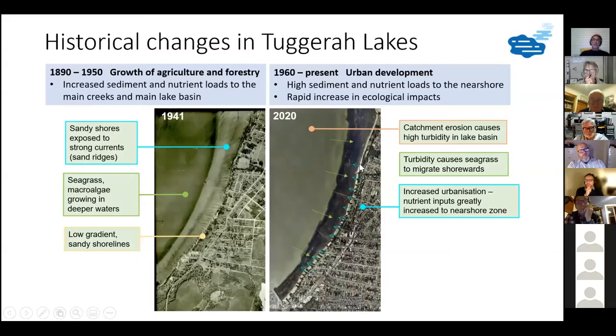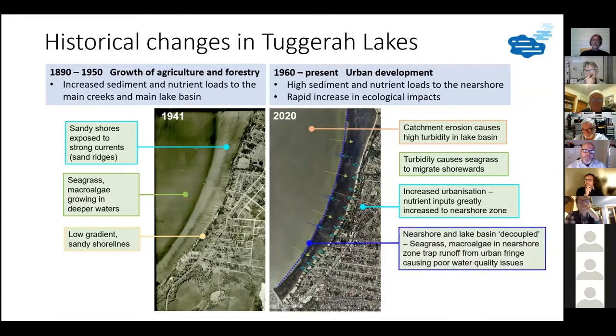And one of the features is that virtually every street has a stormwater drain discharging into the nearshore zone. Every small rainfall event runs off and discharges nutrient-rich and sediment-rich water into that nearshore zone.